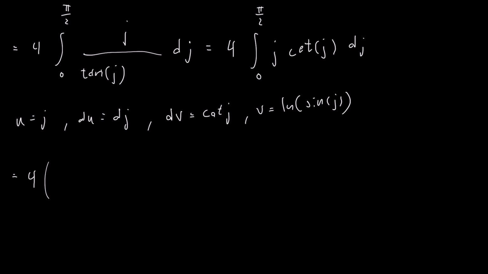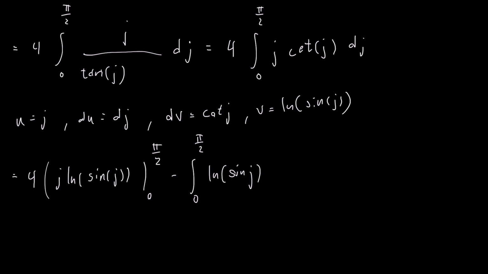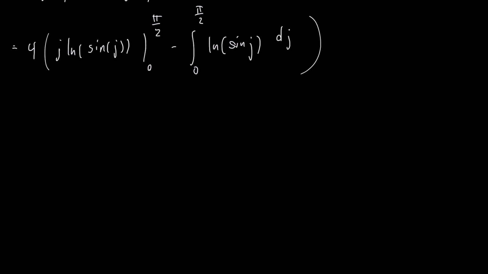So this is 4 times u times v from 0 to pi over 2, then minus the integral from 0 to pi over 2 of v du, which is dj. And you can check that this limit also ends up being 0, and we're just left with negative 4 times the integral from 0 to pi over 2 of the natural log of the sine of j dj.